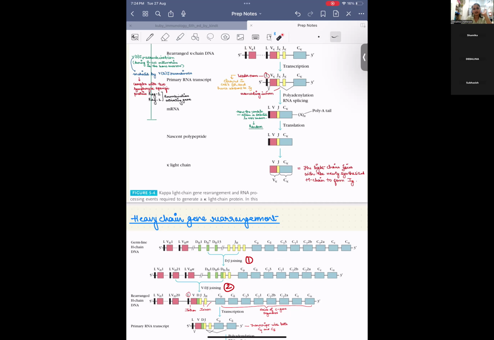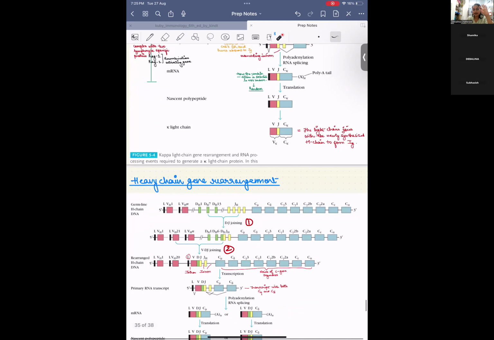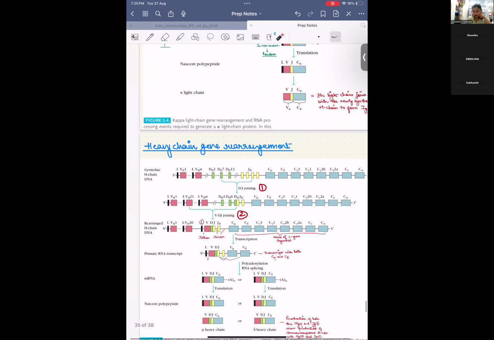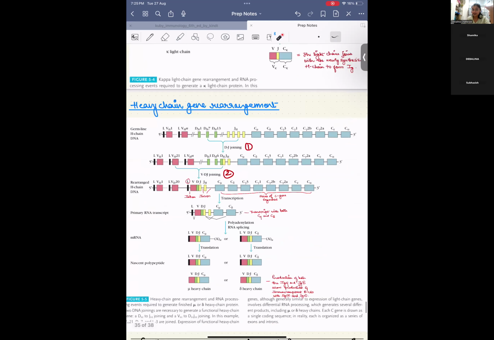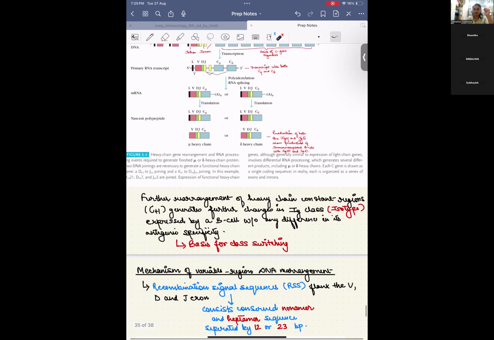That is the only job of the leader sequence. It is not there in the ultimate polypeptide, in the ultimate light and heavy chain that is formed, because its only function is to get the protein inside. It has nothing to do with the recombination signal sequence that we will discuss, which guides the process of recombination.